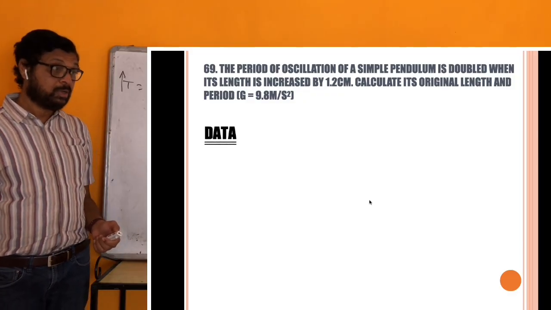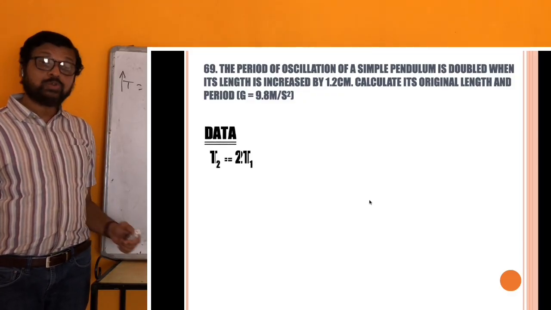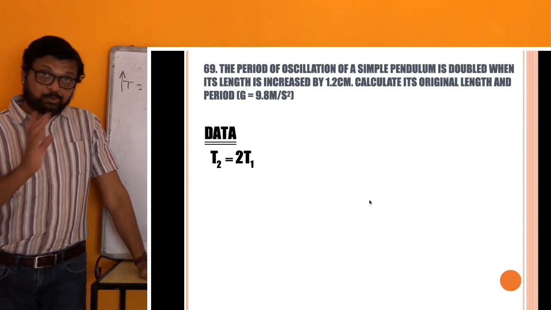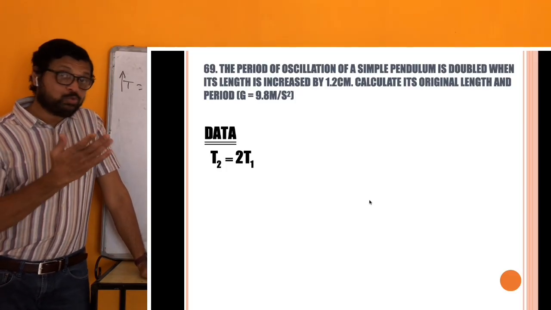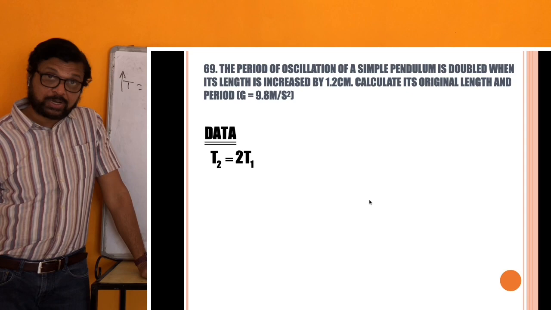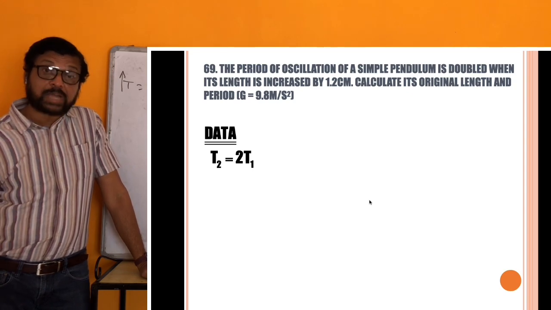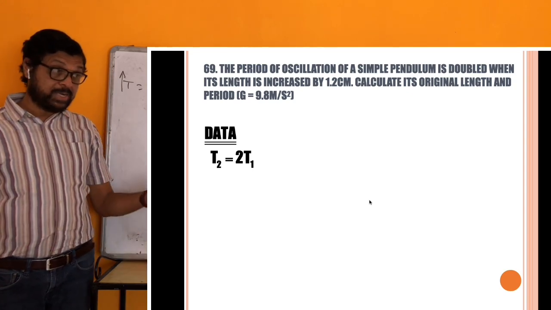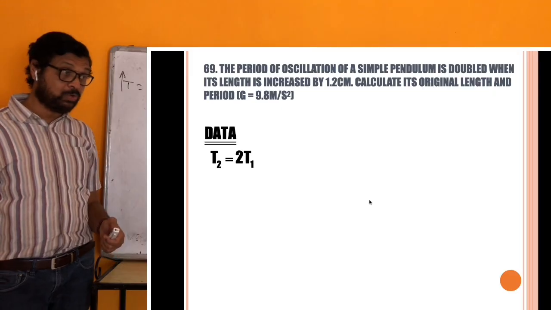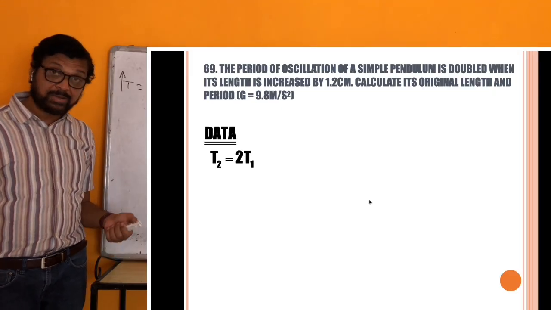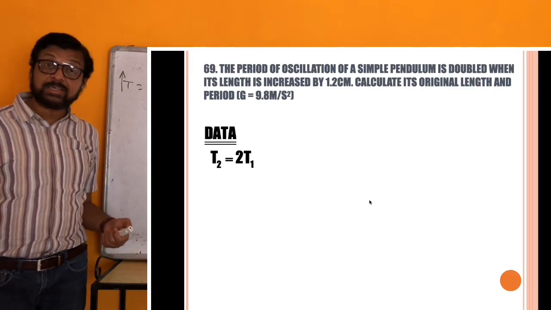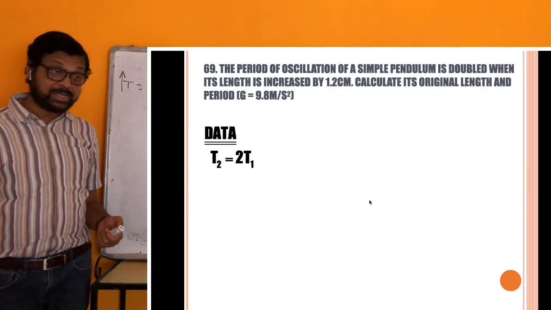So T2 is equal to 2T1. New periodic time T2 is 2 times the original periodic time, means it is 2 times T1. The period is doubled. When does this happen? When the length is increased by 1.2 centimeter.